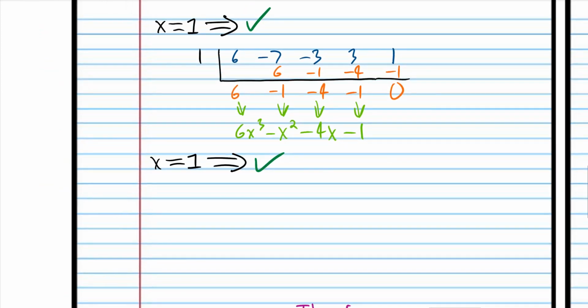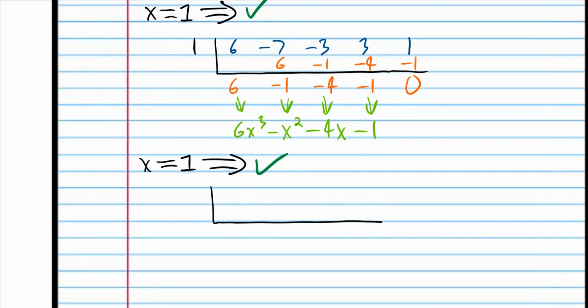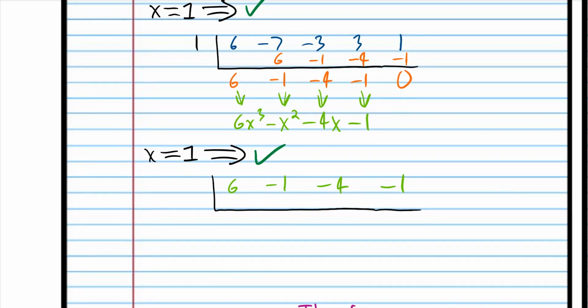So now we're going to use synthetic division again, and we're going to divide that green polynomial by x minus 1. And so let's do the algorithm.